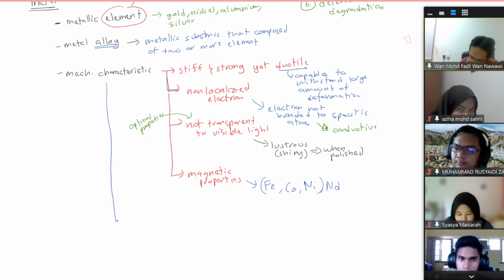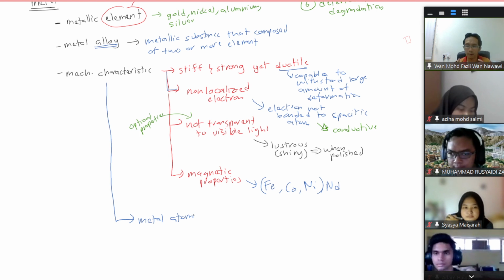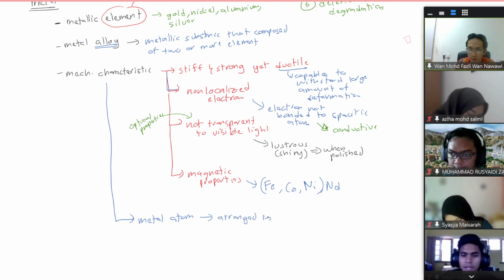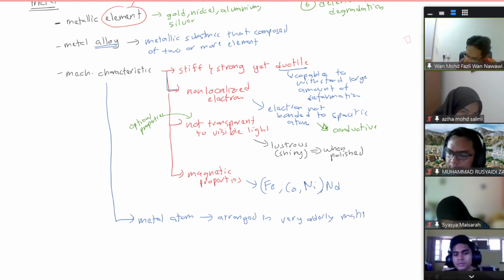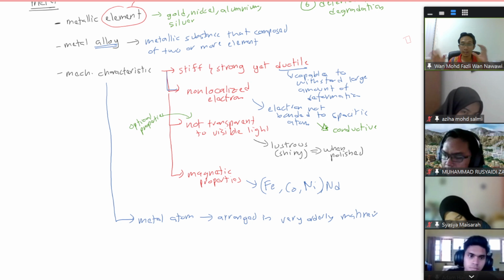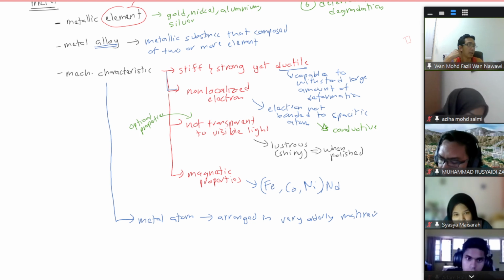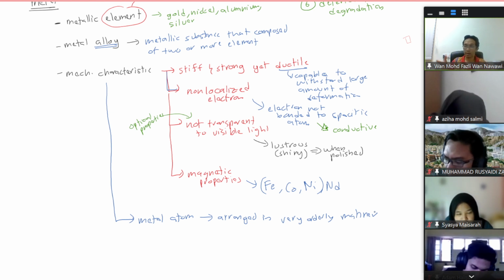The atoms in a metal or in an alloy basically arrange in a very orderly manner. If you can see the atoms inside metal, it's like soldiers, they arrange themselves.